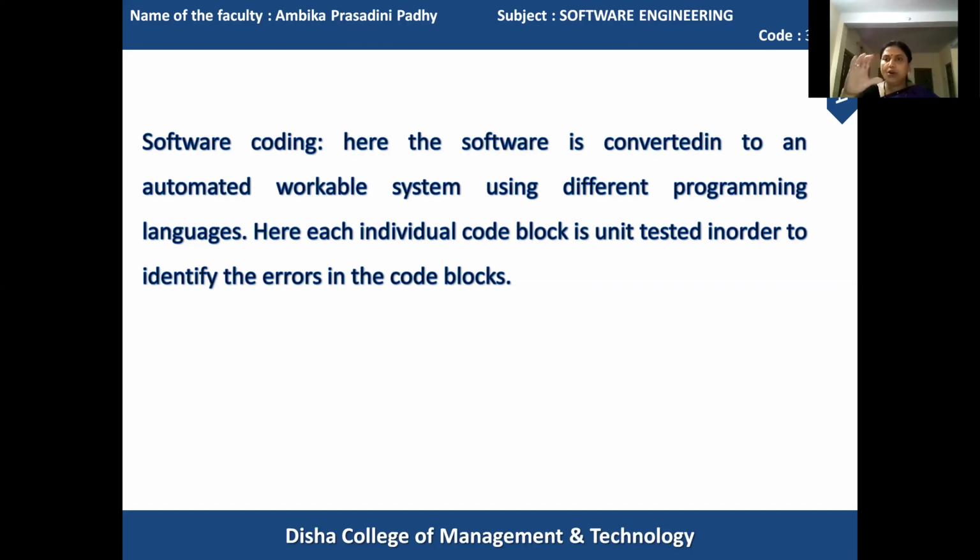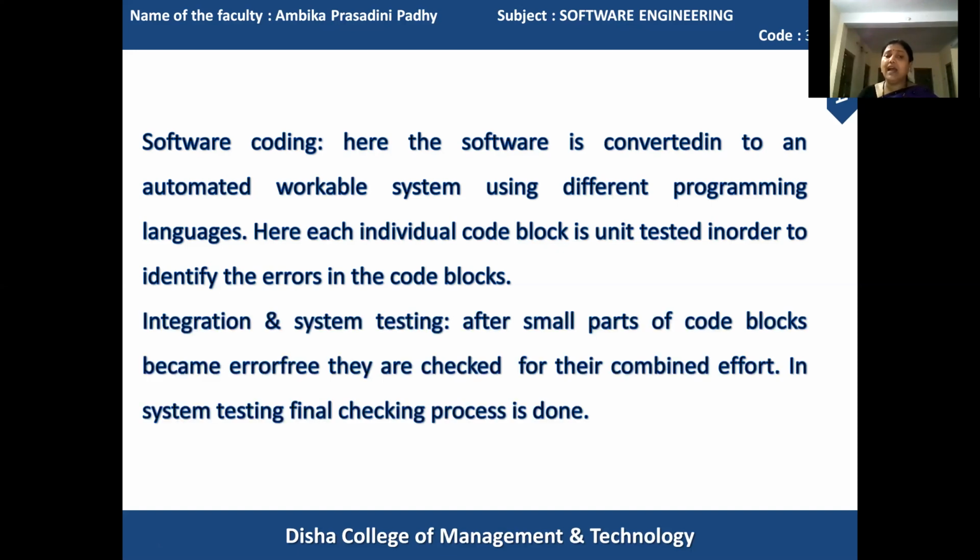So the small code block will be error free and going to provide the real result. Then the next requirement: the unit has been successfully tested and is providing the right result. When it is going to work in combination with other code blocks, whether it is going to provide the right result or not can be checked in the integration and system testing part.